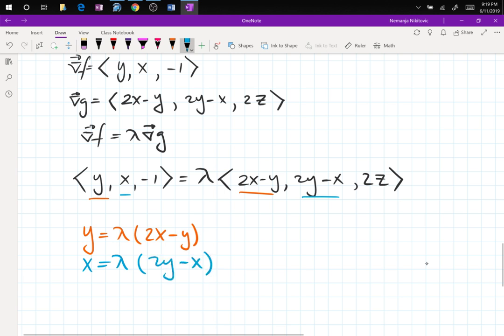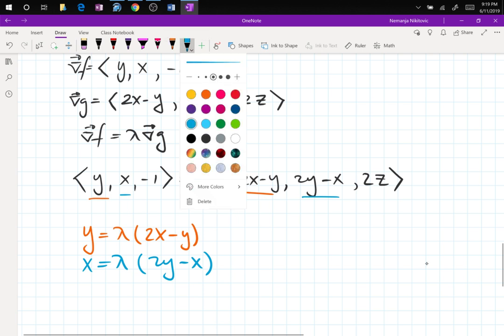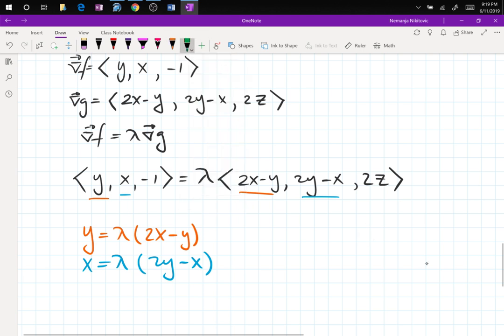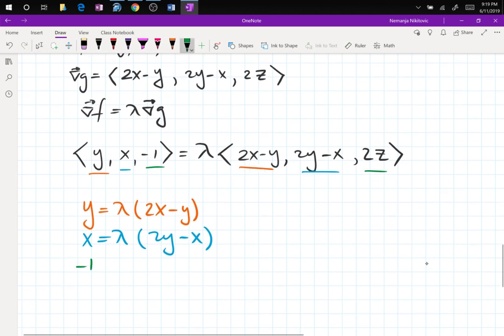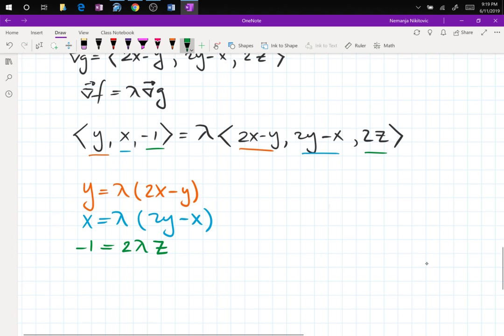And then I have the green equation that says negative 1 is equal to 2 lambda z.